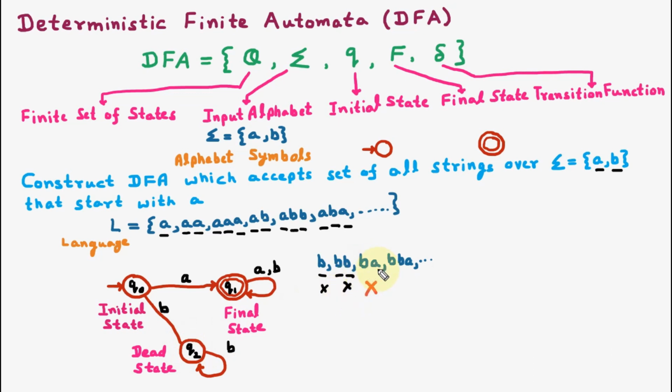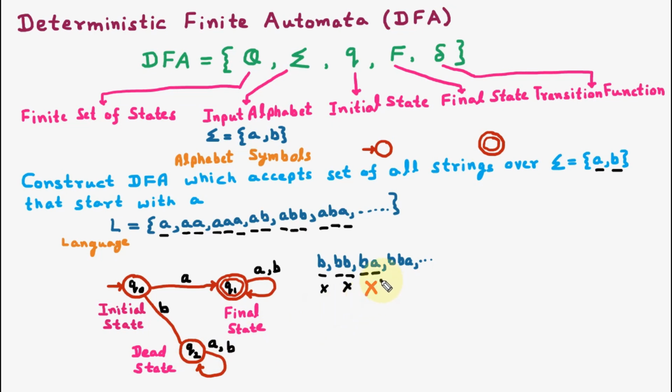If we have BA, in that case, what will happen? We are going to modify this machine. For the first B, we have Q0 to Q2, and for A, now I am putting the A also. For A, again it will come back to the dead state.